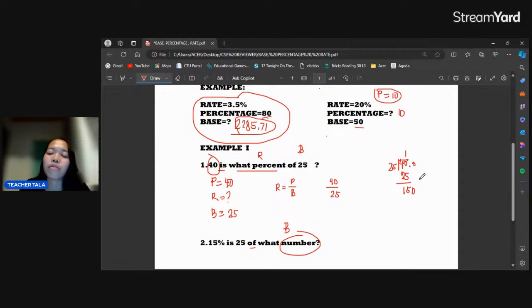How many 25s are there in 150? 6 times 5 is 30, 2 times 6 is 12, 150. So there's no remainder. So the rate is equal to 1.6. Now, paano siya going percent? You just multiply by 100 or just move 2 places to the right. So that will be 160%.